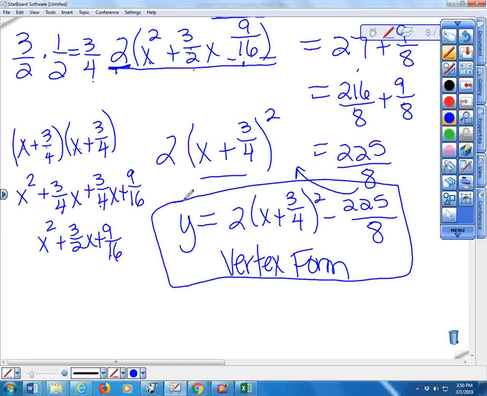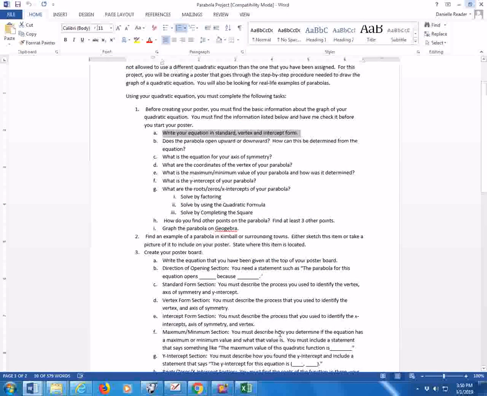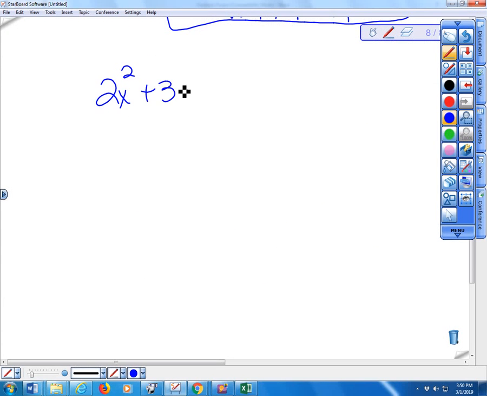So now the third form, if I look at the document, it says standard. I did that. That was given to me. Vertex, I just did by completing the square. Intercept form. So intercept form, if this is my original equation in standard form, I have to factor this.